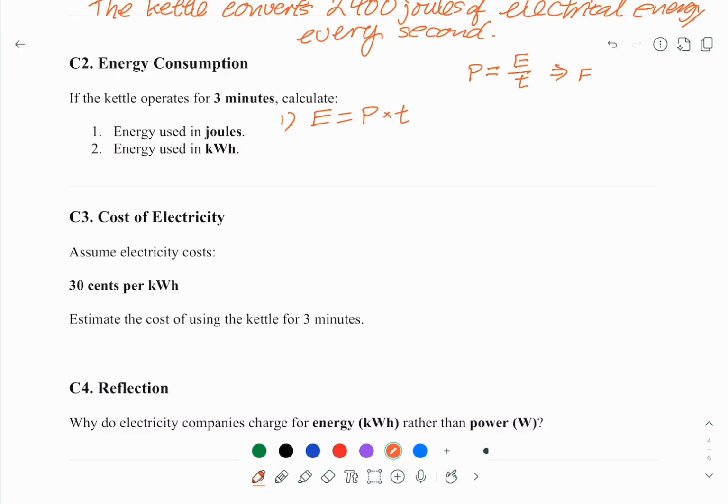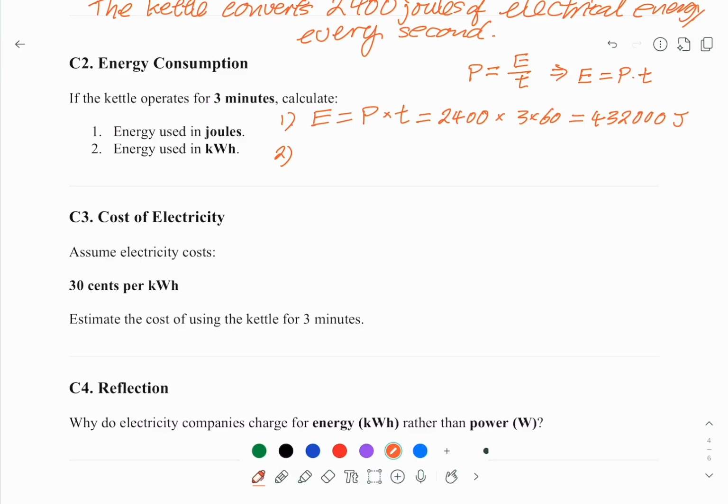Therefore, the total energy used during a period of time is power multiplied by time. The power is 2400 times 3 minutes, 3 times 60, so it is 432,000 joule.